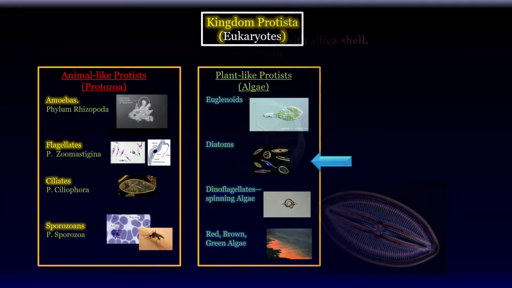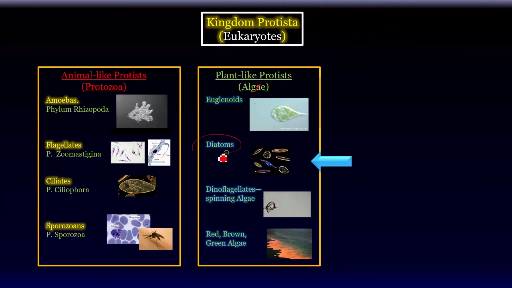And we will see that a good deal of the phytoplankton is diatoms, but a good deal of it is also dinoflagellates and red, brown, and green algae. So these are all constituents of the phytoplankton, including the photosynthetic bacteria, and they float in the surface of the oceans, and they're the primary producers in the ocean.